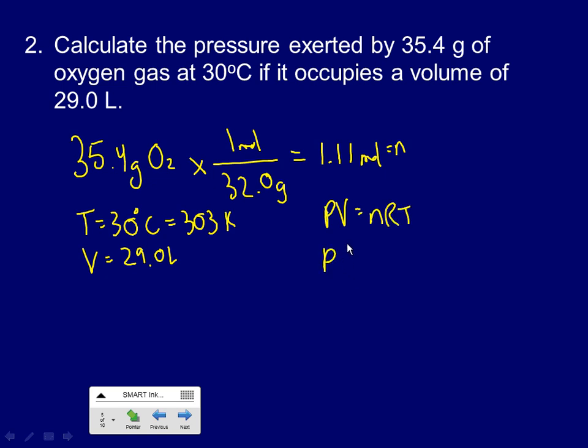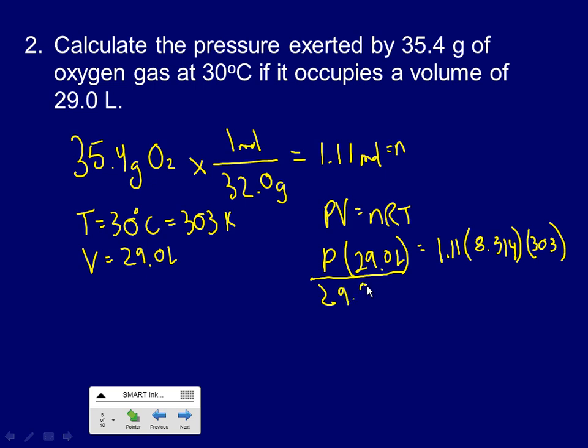Looking for pressure, volume, 29.0, n, 1.11, 8.314, and 303. Again, like I said, I've become a fan of dividing off those numbers on the side we want to get rid of, or multiplying. Divide it off on this side.